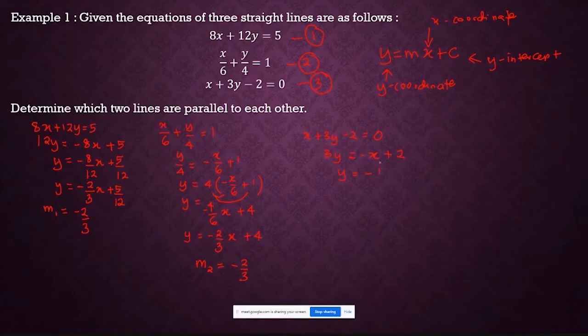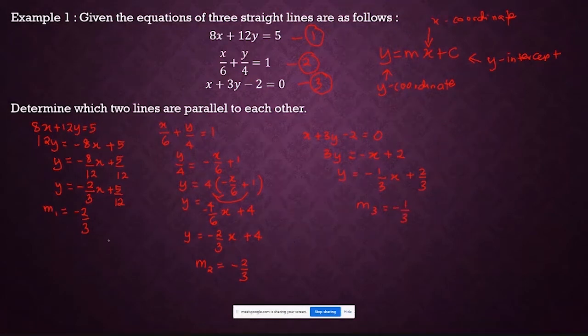Negative x is negative 1x, divided by 3, x plus 2 over 3. So the equation of line 3, y equal to mx plus c. So our m3 equal to negative 1 over 3.